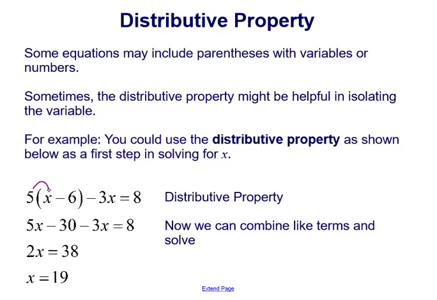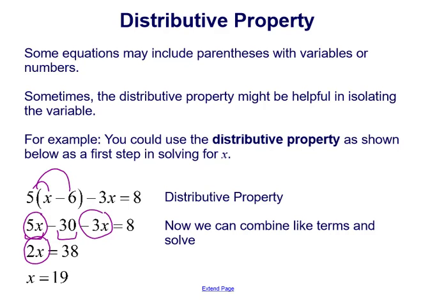We did 5 times x is 5x, and then minus 5 times 6, which is 30. So that 5x minus 30 was our first step using the distributive property. And then from there, we can combine the like terms. We did 5x here minus 3x to give us 2x.